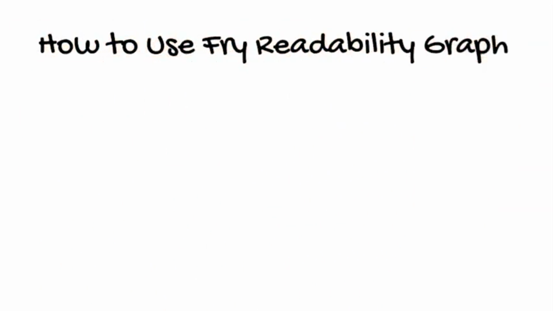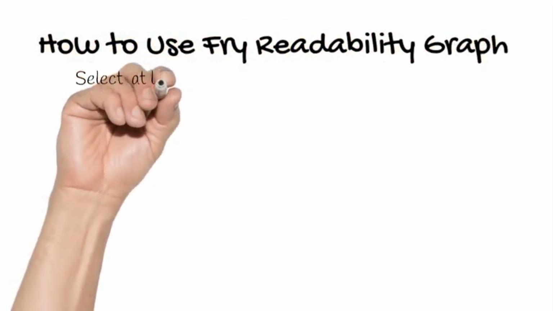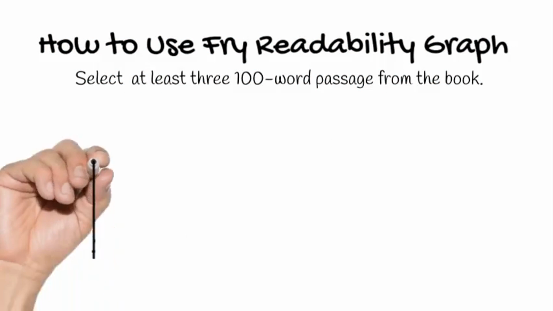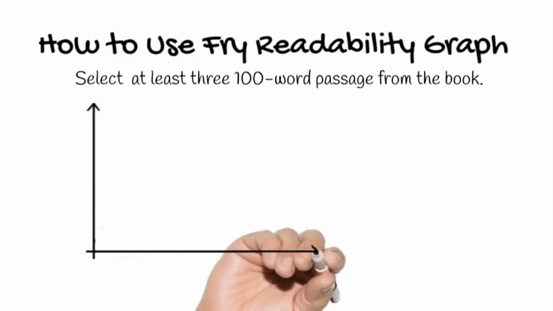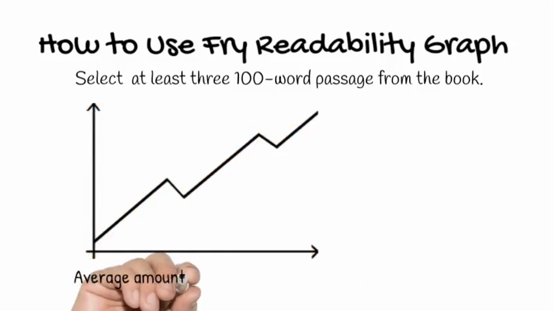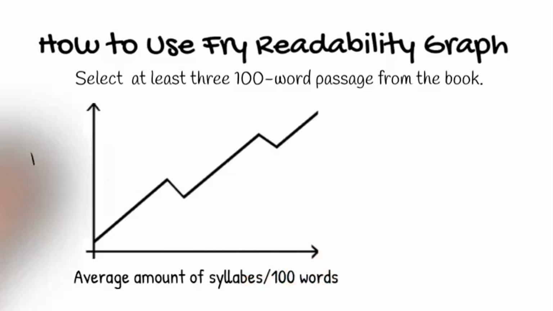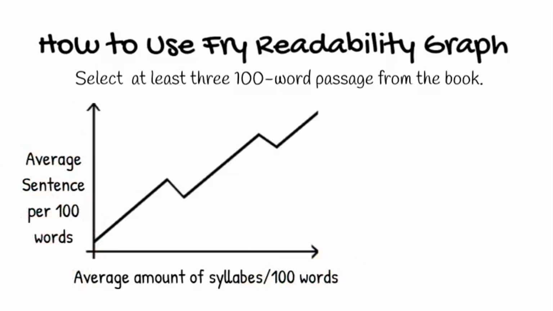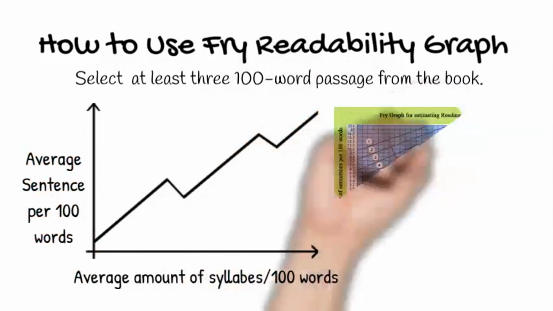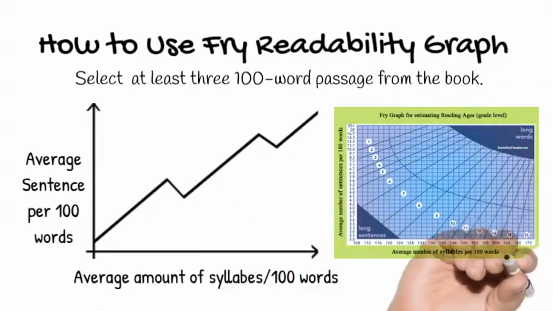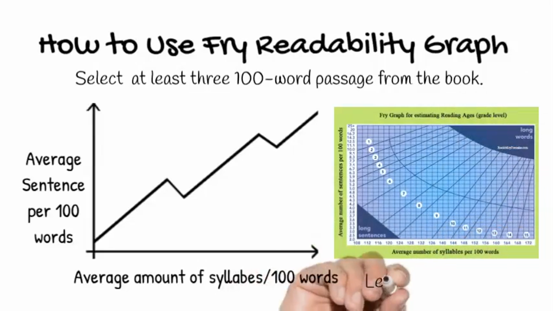One example of a readability formula is the Fry readability graph, done by first selecting at least 3 100-word passages from a book, then plotting the average number of syllables and the average number of sentences per 100 words on the Fry readability graph to determine the grade level of the material. And if you want a more efficient or digital way of computing the readability, you can use available computer software like the Lexile Framework.